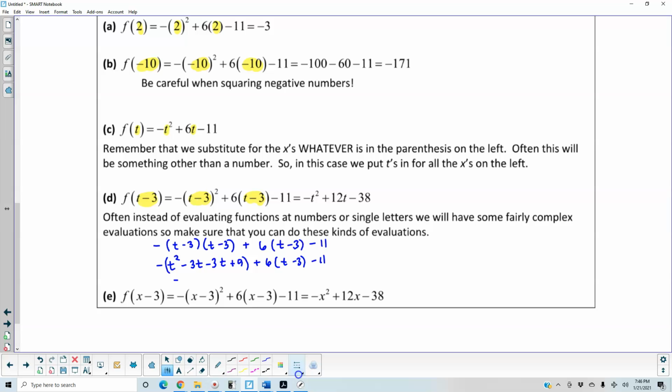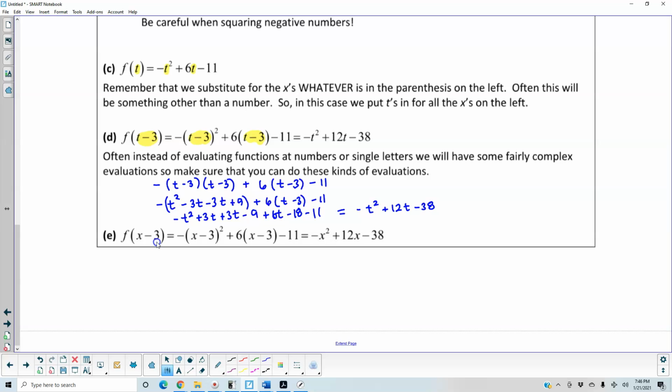So we have negative t squared plus 3t plus 3t minus 9 plus 6t minus 18 minus 11. And now when we combine like terms, we should get negative t squared plus 12t minus 38.